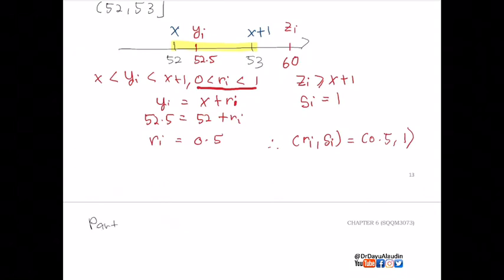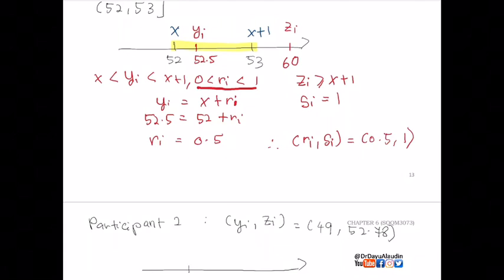Okay, let's say participant 2 for case 2, given that Yi and Zi are equal to, let's say, 49 and 52.78. So we still use the same interval estimate, where 52 and 53 is the interval estimate. So Yi is 49, before the x.